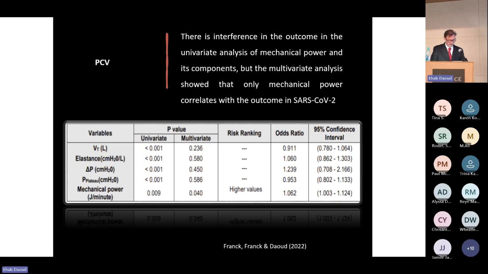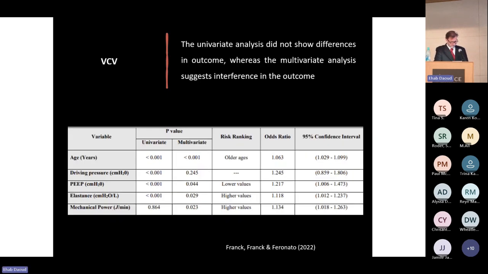In the next research, performed in COVID with moderate ARDS undergoing volume control ventilation, they identified average values of mechanical power of 26.71 joules per minute.